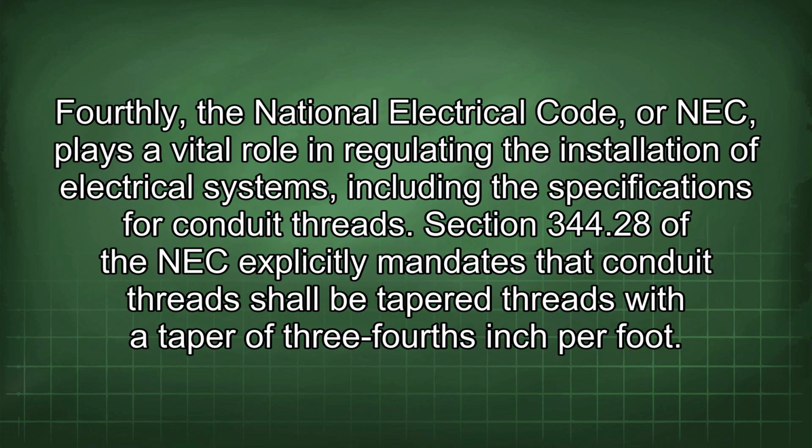Fourthly, the National Electrical Code, or NEC, plays a vital role in regulating the installation of electrical systems, including the specifications for conduit threads. Section 344.28 of the NEC explicitly mandates that conduit threads shall be tapered threads with a taper of 3/4 inch per foot.